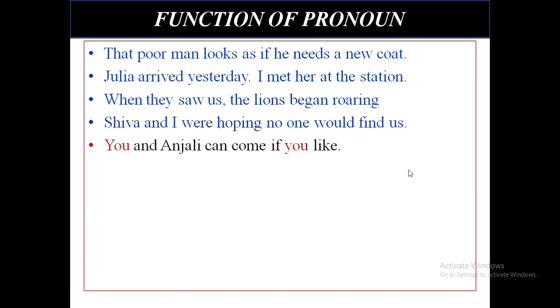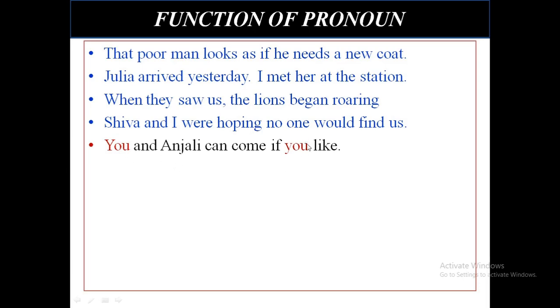Now let us see one more example. You and Anjali can come if you like. Here again we have the same two pronouns, that is, we can use you as a singular as well as a plural. The first you is used as a singular, and the second you refers to both Anjali and this person. So two persons can come if you like.